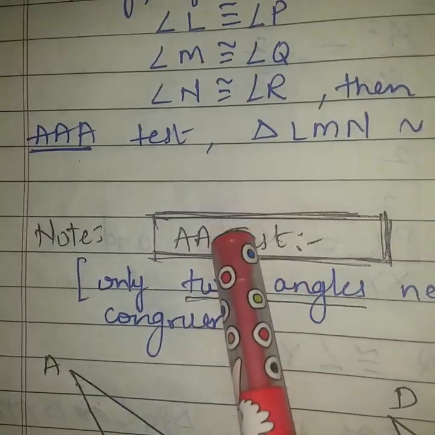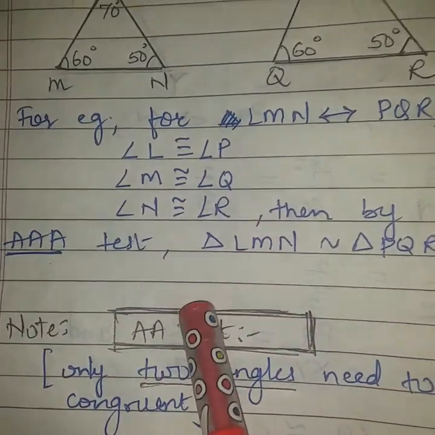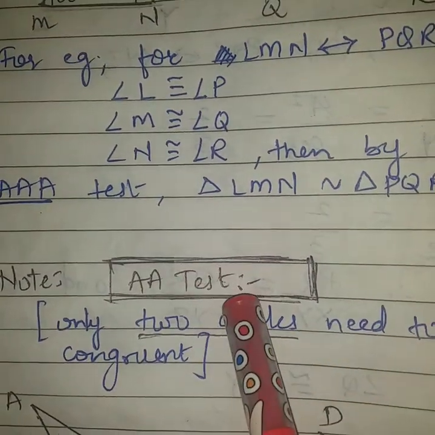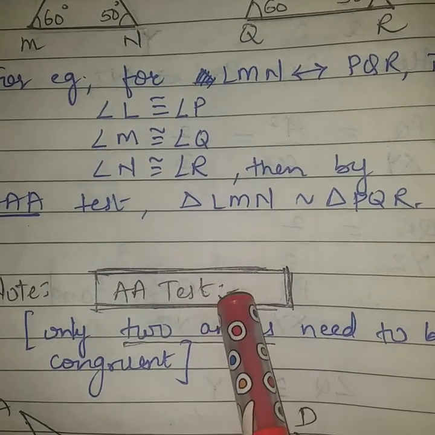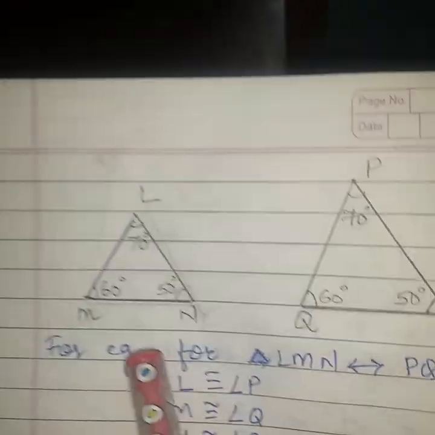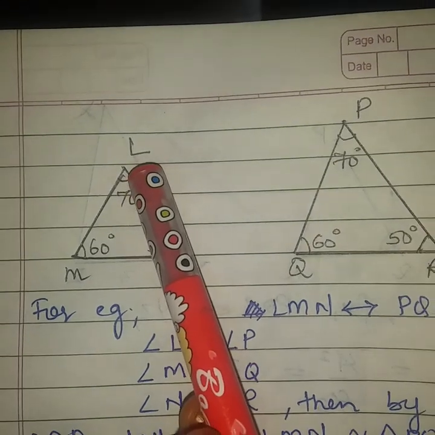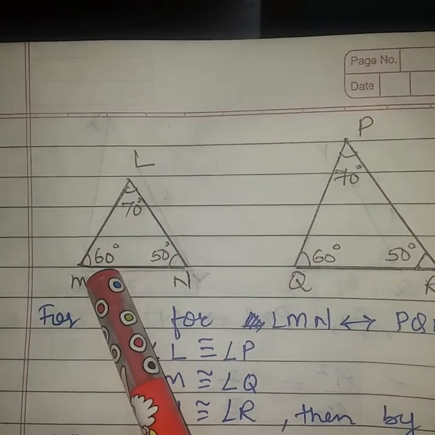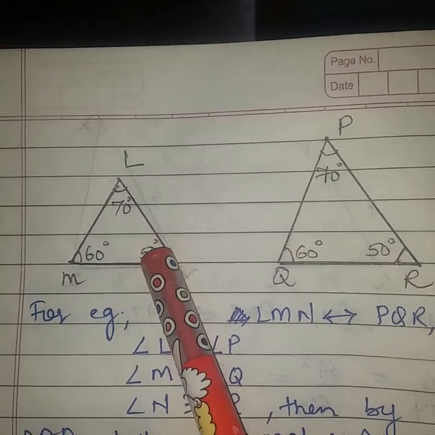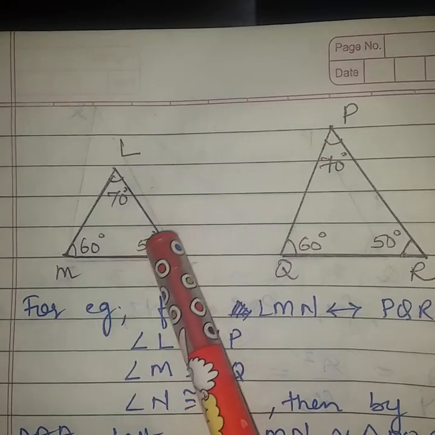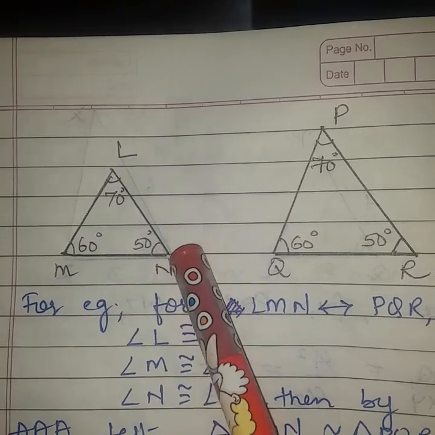Actually, this AA test follows from the same AAA test, for the reason that we have already studied the angle addition property of a triangle: the sum of the measures of the three angles of a triangle is 180 degrees. So for example, if angles L and M are given as 70 degrees and 60 degrees, you can definitely find angle N, the third angle of the triangle, by the angle addition property, and the value will turn out to be 50 degrees.